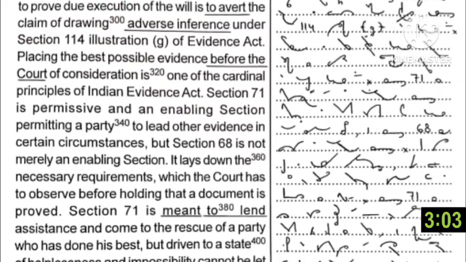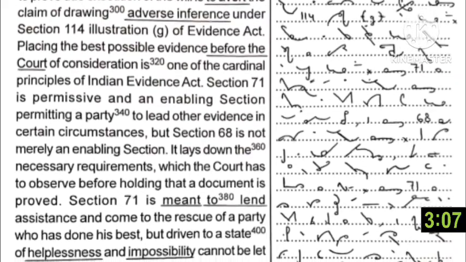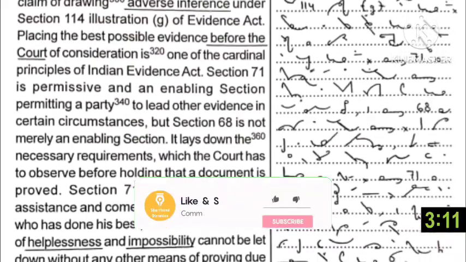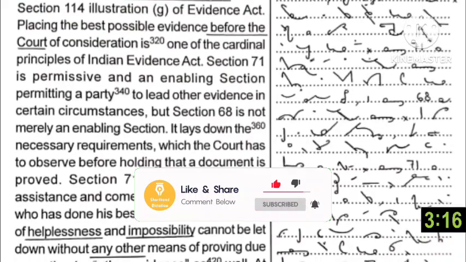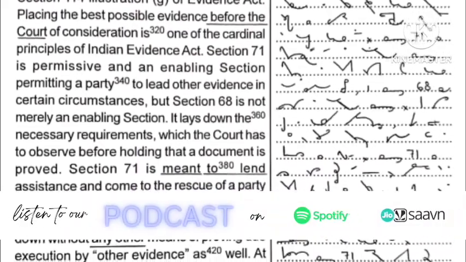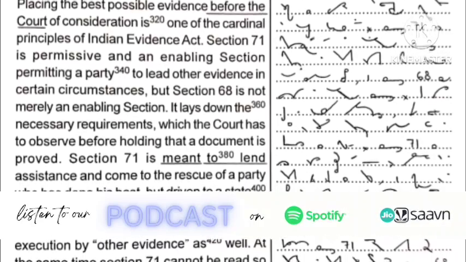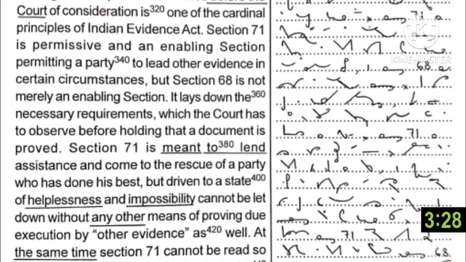Section 71 is permissive and an enabling section, permitting a party to lead other evidence in certain circumstances. But Section 68 is not merely an enabling section. It lays down the necessary requirements which the court has to observe before holding that a document is proved.